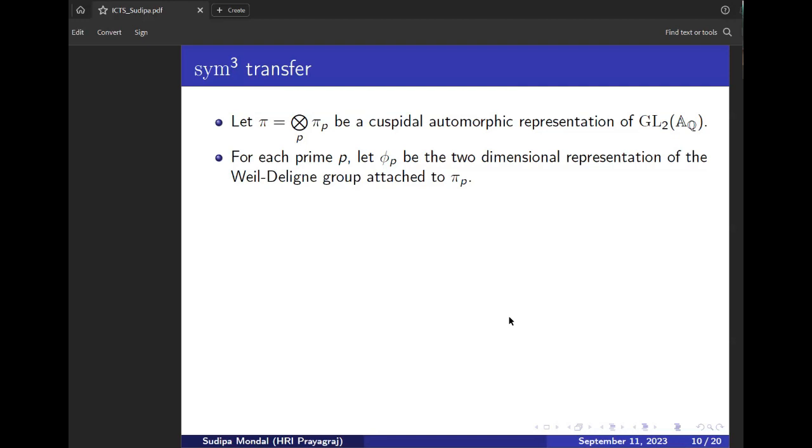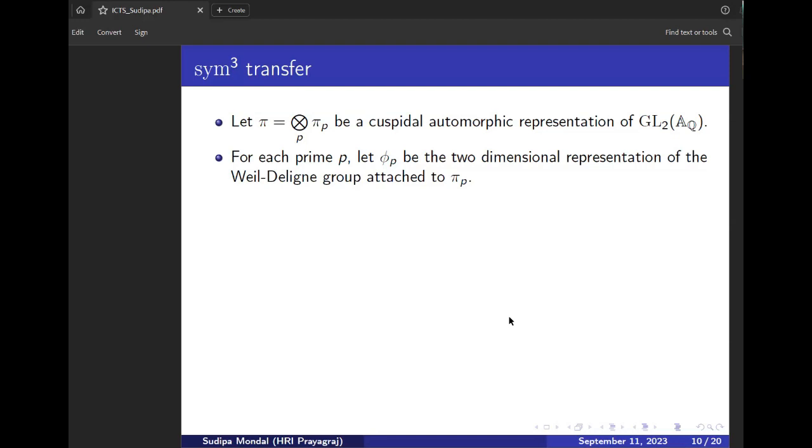So we start with a pi. So you have this pi p. Now for a prime p, consider pi p. So pi p is an irreducible admissible representation of GL2(Qp). So this is the local Langlands correspondence.